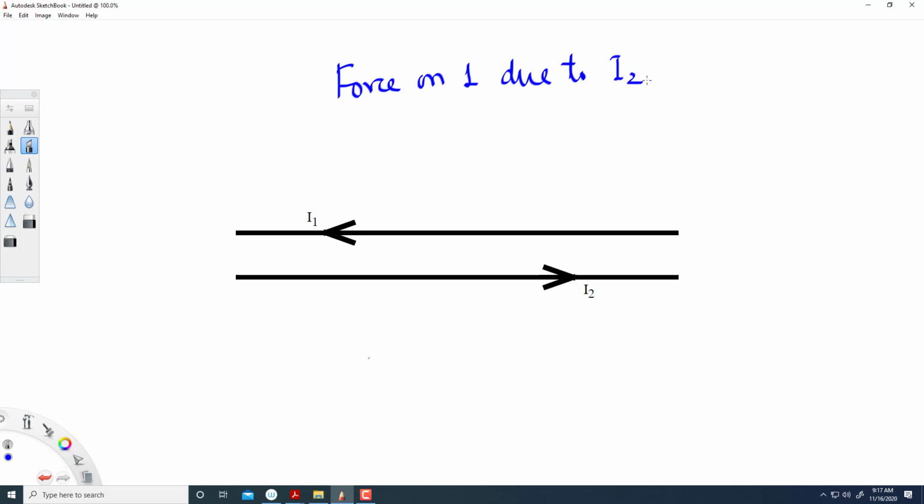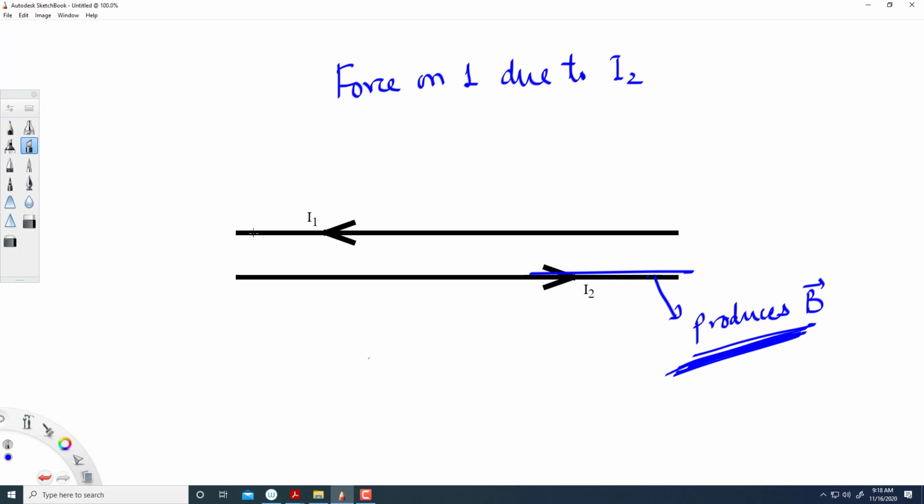So first you need to think about what causes that force. What produces the force on wire 1? The force is caused by the magnetic field of this wire. Okay, this wire produces magnetic field B, and that field causes the force. So that's why you need to first find what's the direction of this B at the point where we want to find the force.